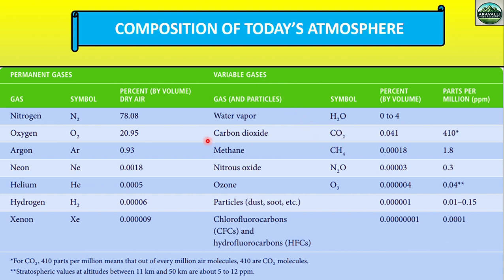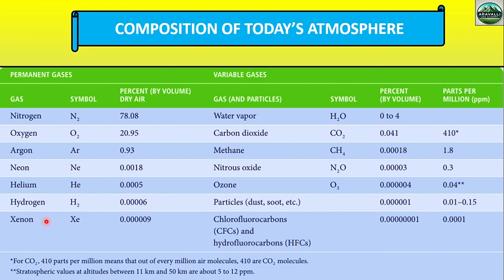The first permanent gas is nitrogen, at 78%. The second most abundant is oxygen, at 20.95%. Argon is the third most abundant permanent gas, at 0.93%. Then neon, helium, hydrogen, and xenon.